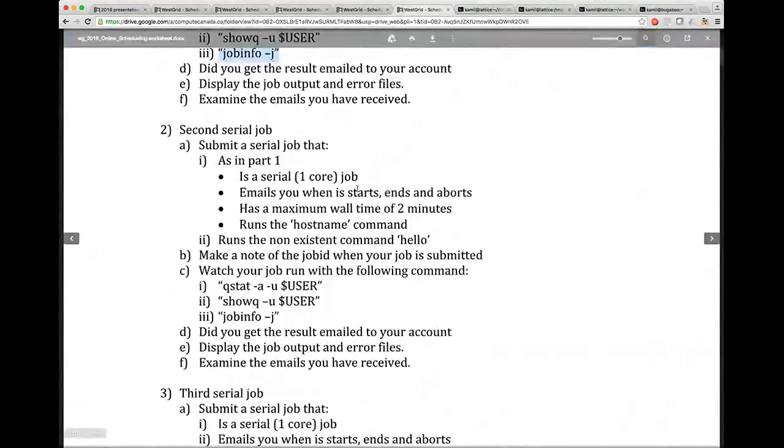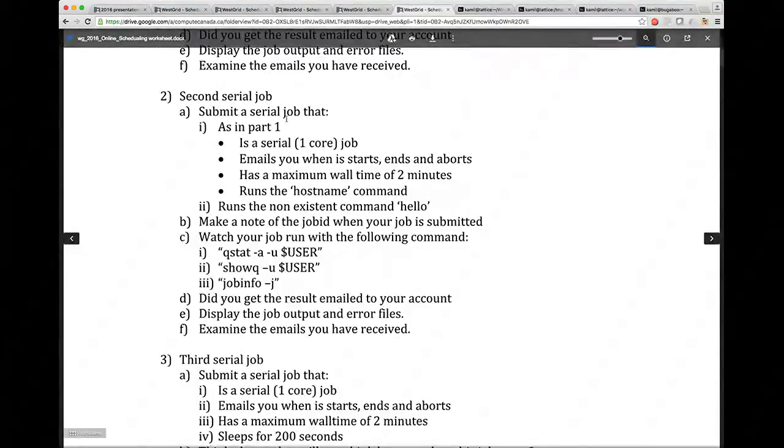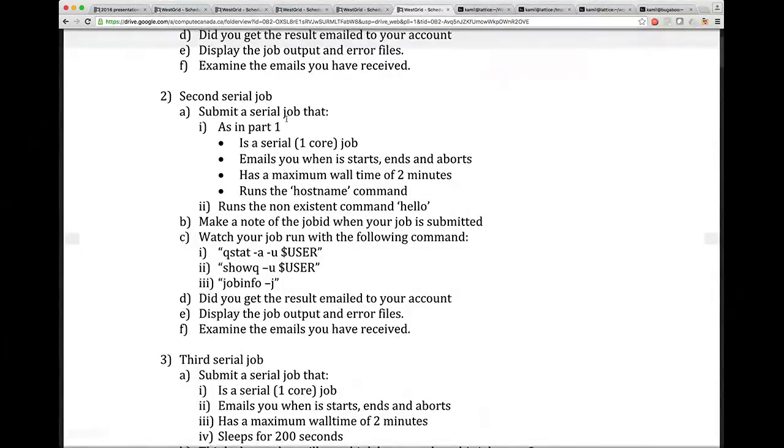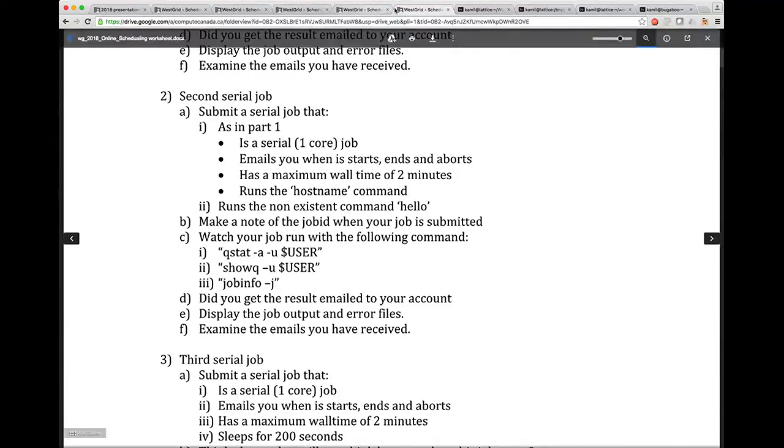So let's start with the second job. Here, we're asking for a job that asks for one core, emails you when it starts, ends, and aborts, has a maximum wall time of 2 minutes, runs the hostname command, and then runs a non-existent command called hello, so something that doesn't exist, an error.